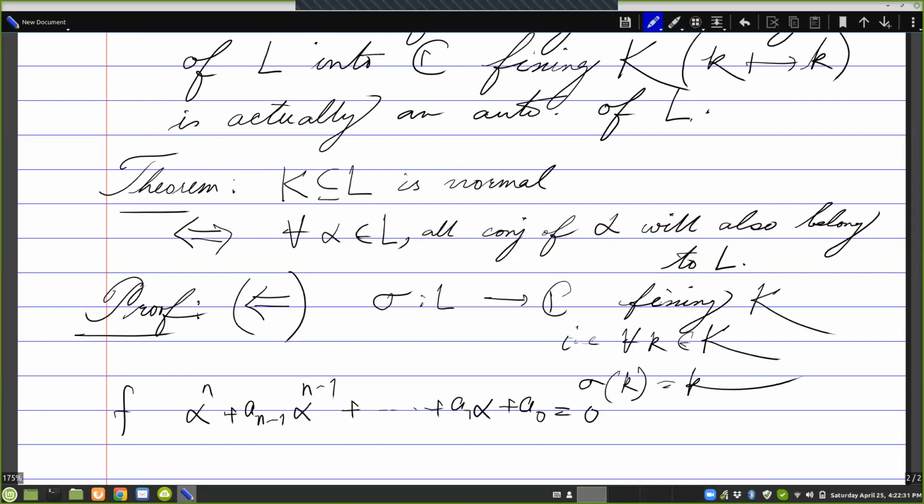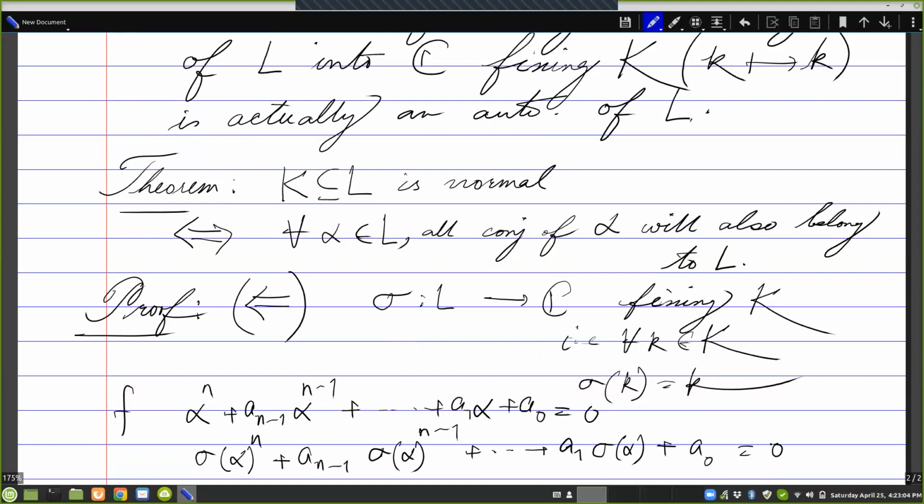Now once you apply sigma to this, what you get is sigma of alpha whole to the power n, plus sigma of a_{n-1}, but sigma fixes each element of K, so therefore sigma of this is a_{n-1}, and so on, up to a_1 sigma of alpha plus a_0 is 0. That shows that sigma alpha, being a root of the same polynomial, is a conjugate of alpha.